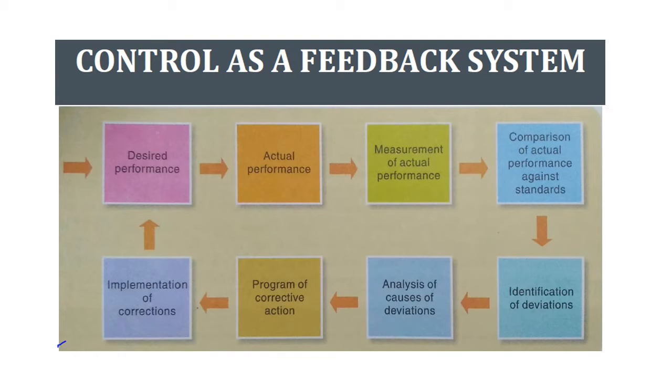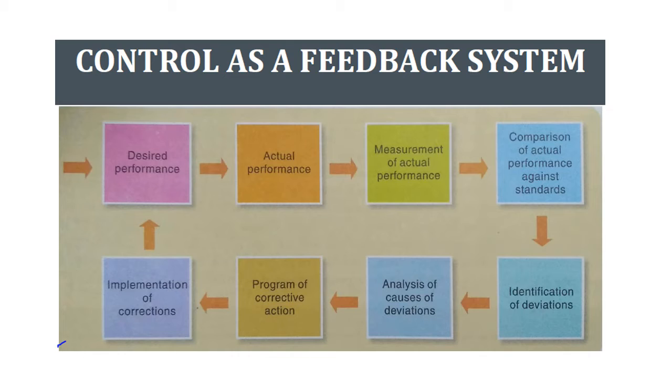Here you can see control as a feedback system. So first is desired performance. Desired performance means the standards. Actual performance means the performance which was actually achieved in the organization.